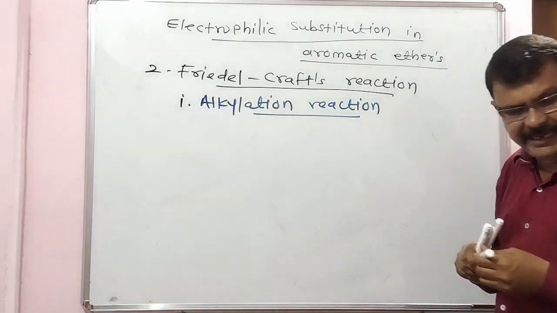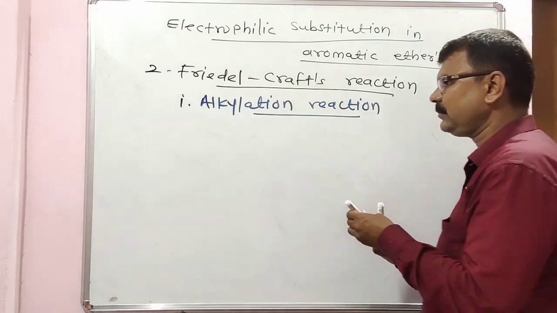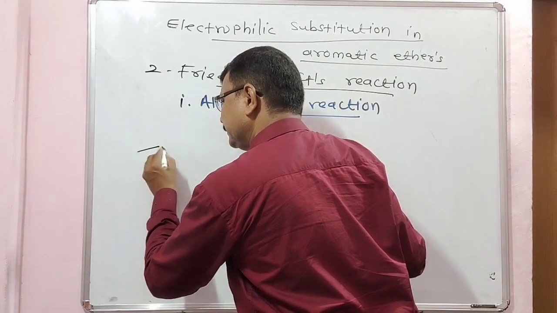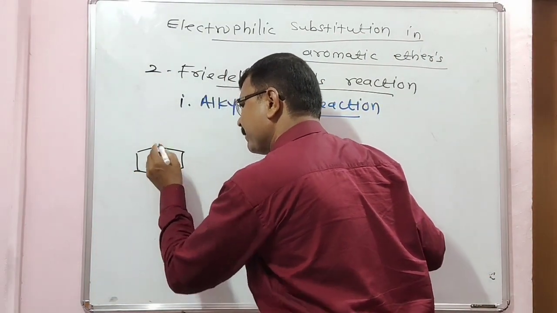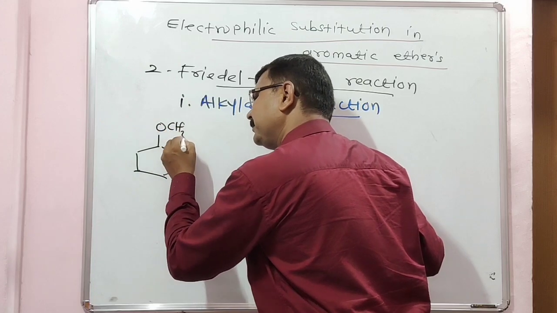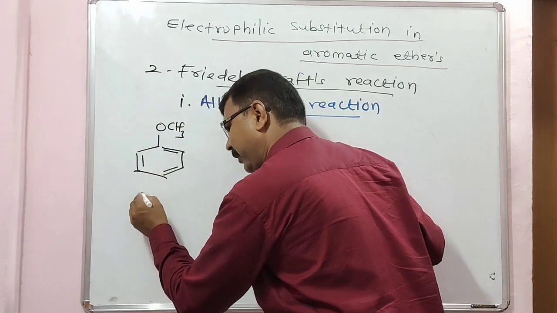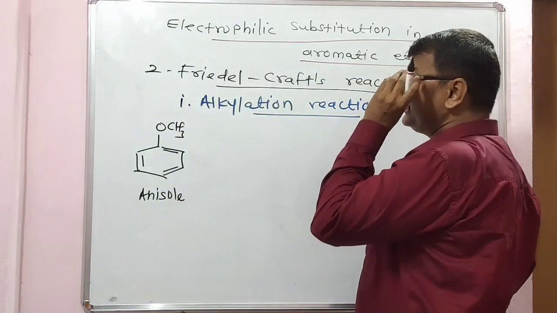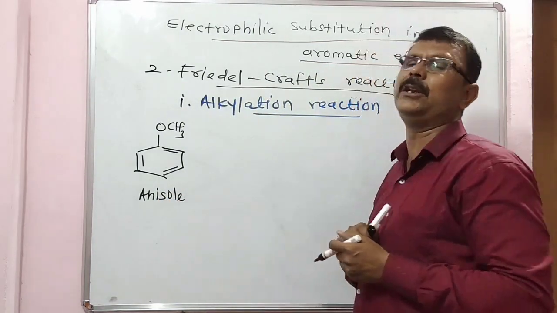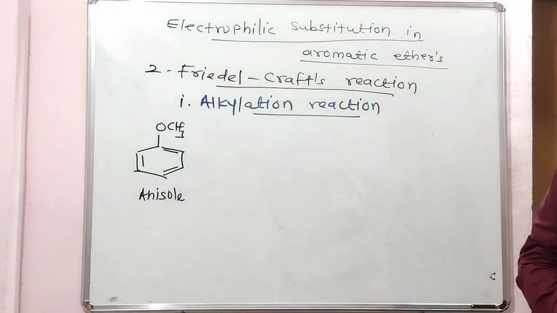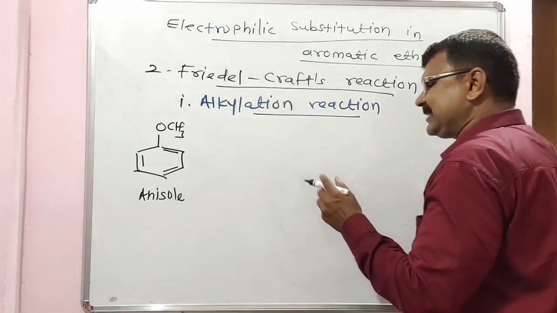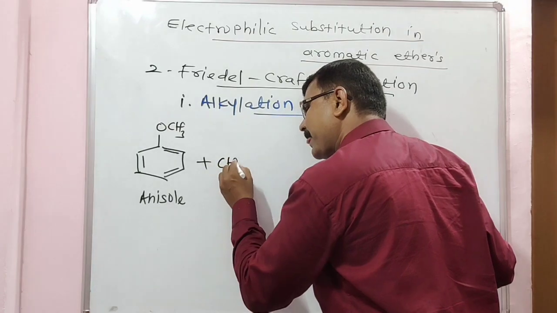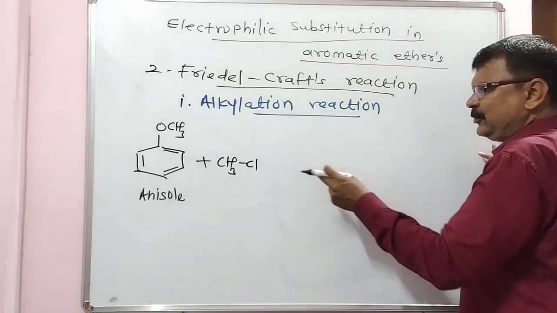Alkylation reaction, simple. Anisole, OCH3 with the benzene ring. Anisole is reacted with methyl chloride, CH3Cl.